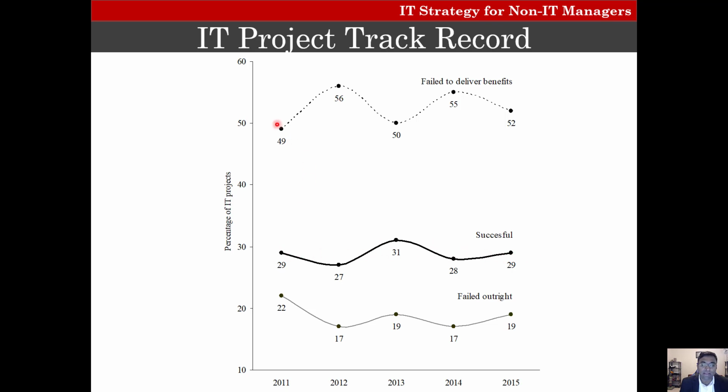And then the ones which failed to deliver the benefits. They might be technically successful, but they actually are project failures because they failed to deliver business benefits, and it's about 50% here. So half the projects fail to deliver business benefits. 20% fail outright, so 70% are project failures.